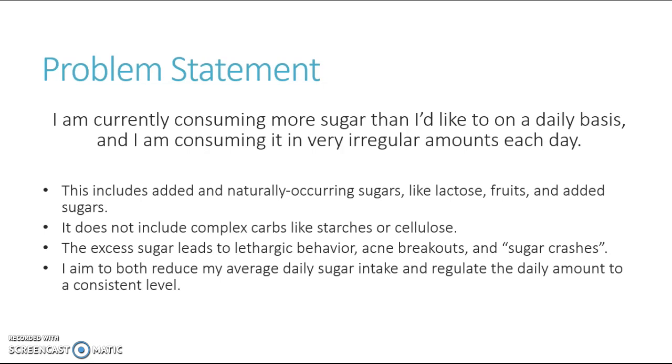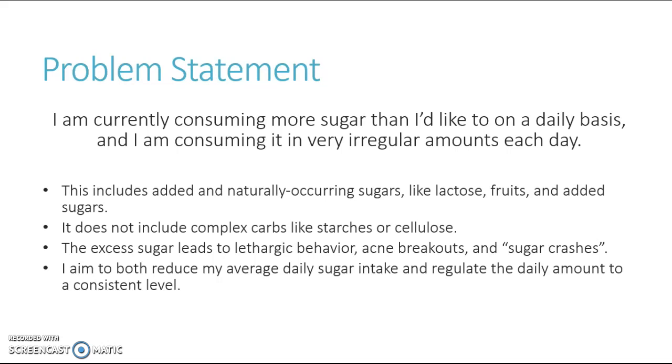So here's my problem statement once more. I'm currently consuming more sugar than I'd like to on a daily basis, and I'm consuming it in very irregular amounts each day. Also, just to reiterate, I am only tracking added and naturally occurring sugars in foods such as lactose and sugars that are found in fruits and those that are added to foods.